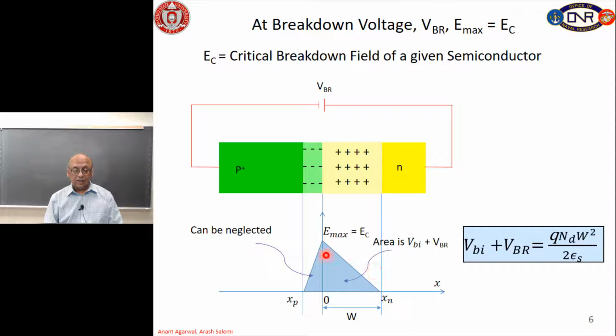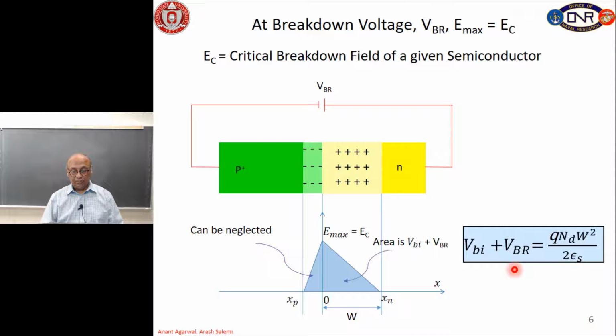Now, the area under this is the voltage applied to the junction, and in this case it will be the built-in voltage plus the externally applied voltage VBR. And from Gauss's law, we have seen that VBI plus VBR would be given by this equation.